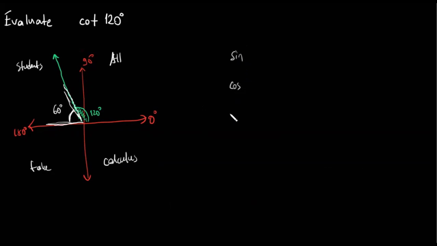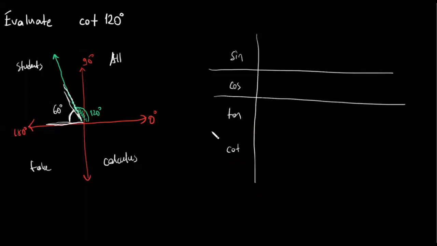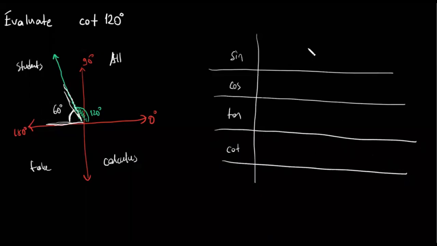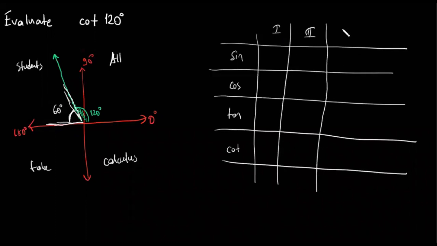Sine, cosine, tangent, and cotangent. All right, so in the first quadrant, in the second quadrant, in the third quadrant, and in the fourth quadrant.